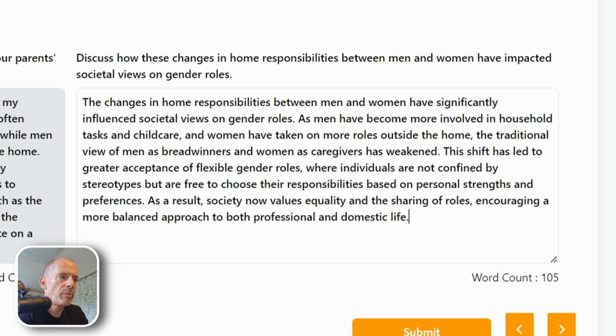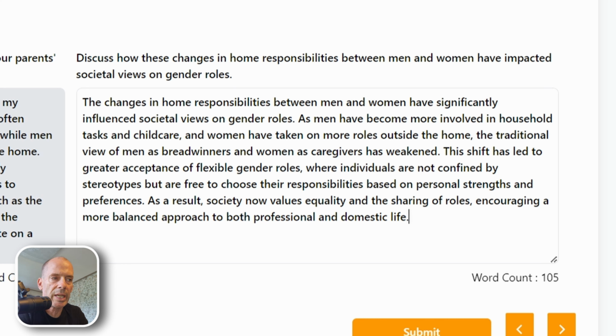The changes in home responsibilities between men and women have significantly influenced societal views on gender roles. As men have become more involved in household tasks and children, and women have taken on more roles outside the home, the traditional view of men as breadwinners and women as caregivers has weakened. This shift led to greater acceptance of flexible gender roles, where individuals are not confined by stereotypes.